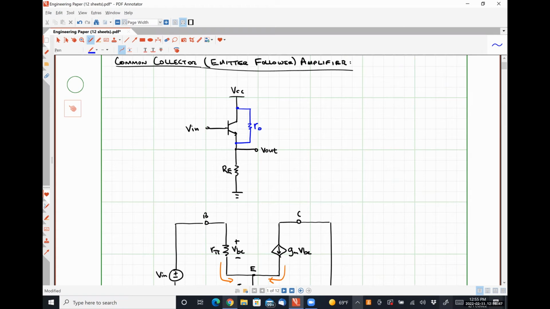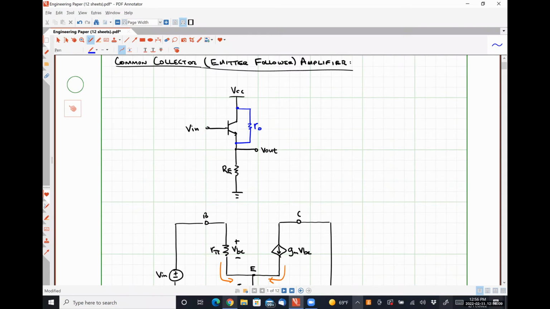In my small signal analysis, what does this look like? I have a resistor connected between my emitter terminal and small signal ground, which just makes this R naught appear as if it's in parallel with the quantity RE.